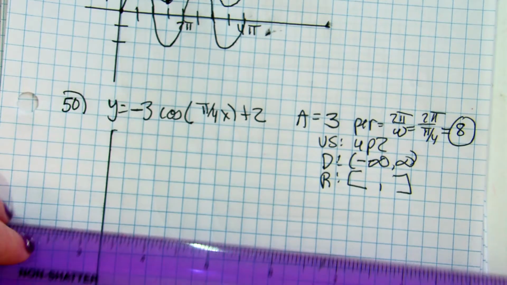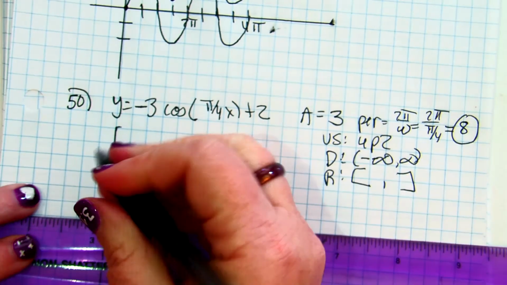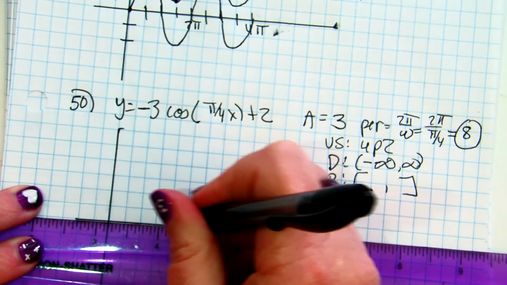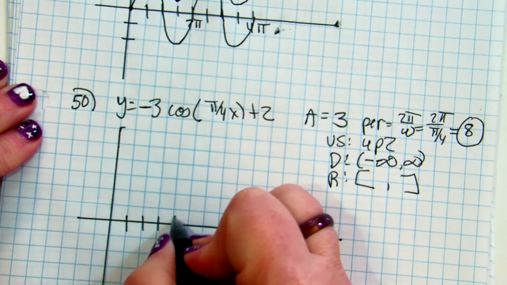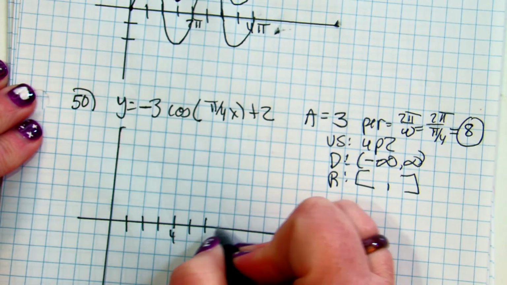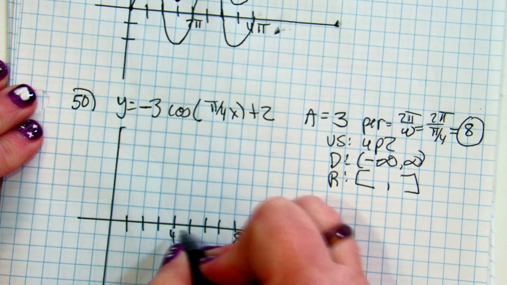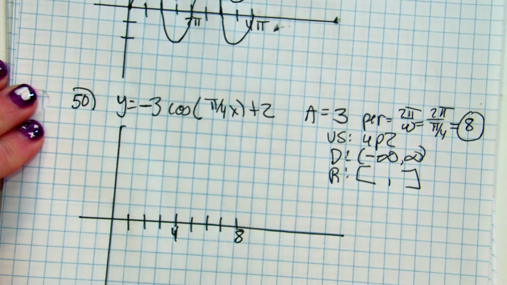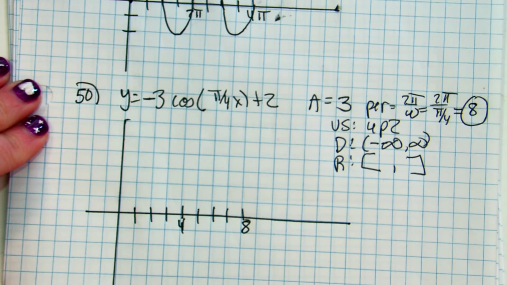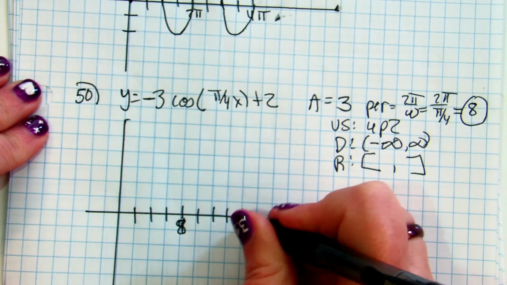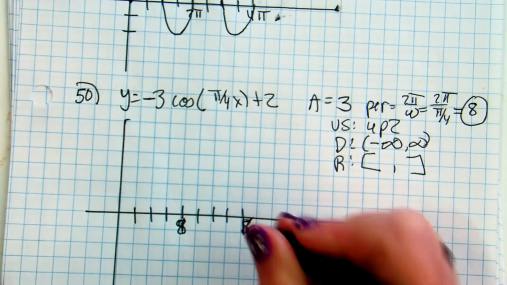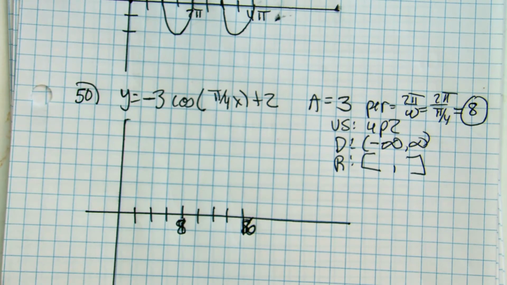So does cosine start at the origin, or does it start up? You go 1, 2, 3, 4, 5, 6, 7, 8, because the period is 8. So this is 8, and this is 16.